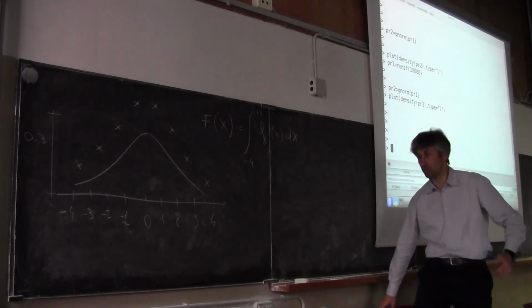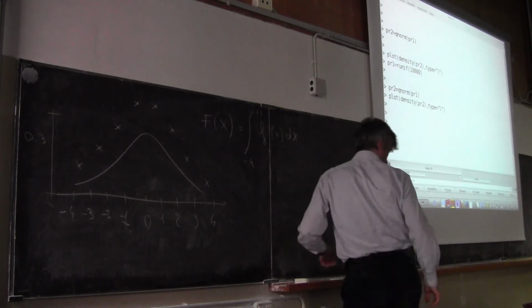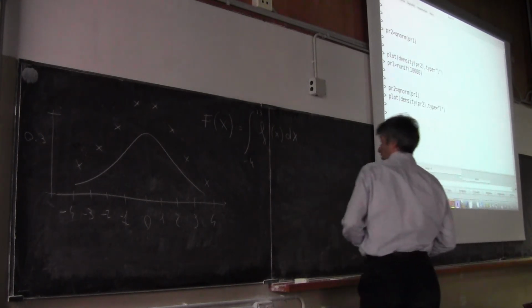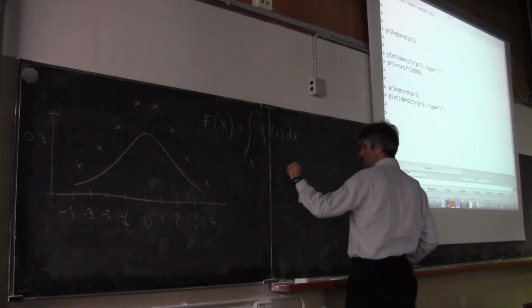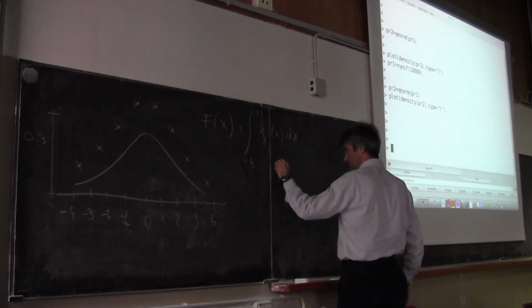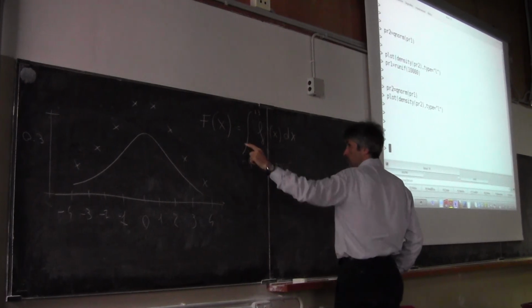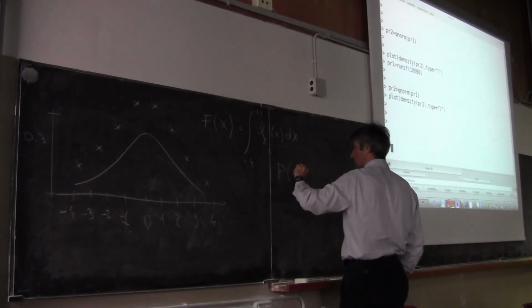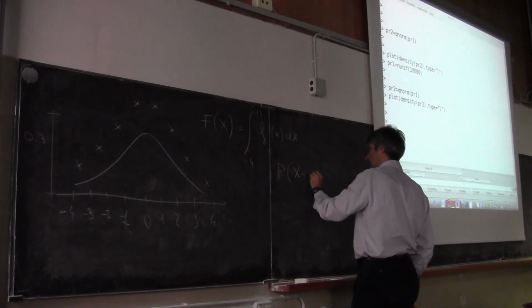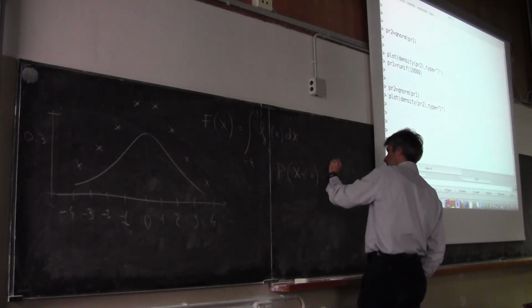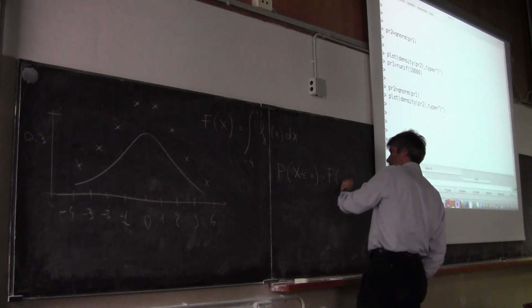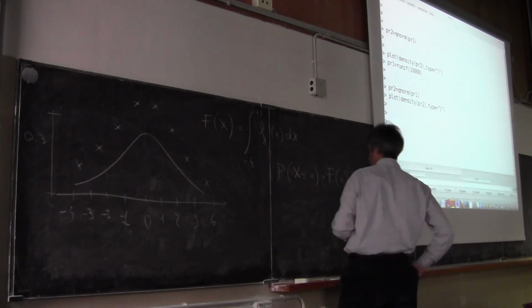So let me be more detailed. The probability distribution gives you the probability of, for instance, let's refer to the cumulative, the probability that capital X is lower or equal than small x is given by the capital F of small x.